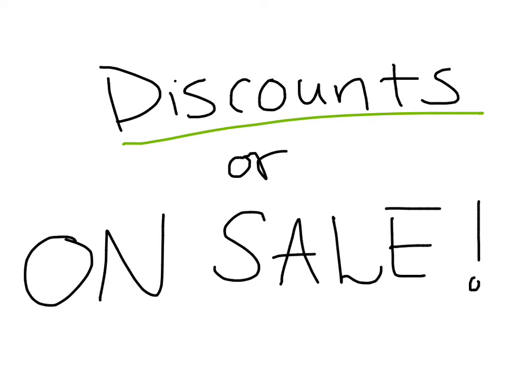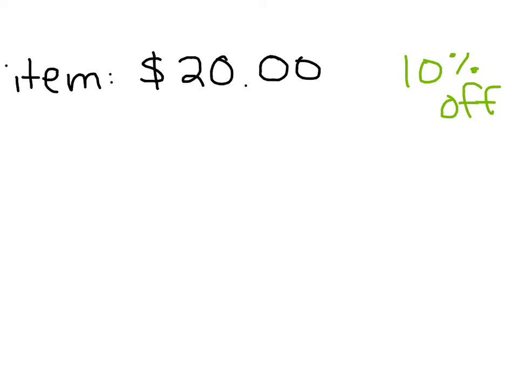All right, so how can we work with this when we're in the store? If your item is $20, and they say it's 10% off. We've worked the last couple months on having 10% be a really easy thing we could find. To take 10% of any amount, you move the decimal one place.